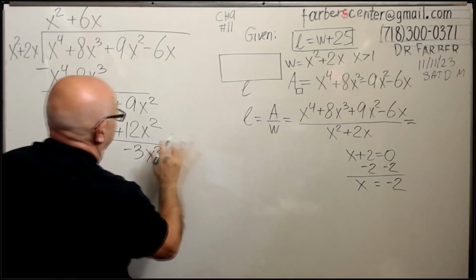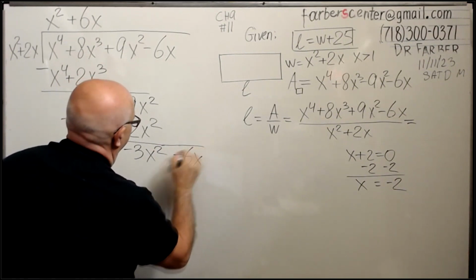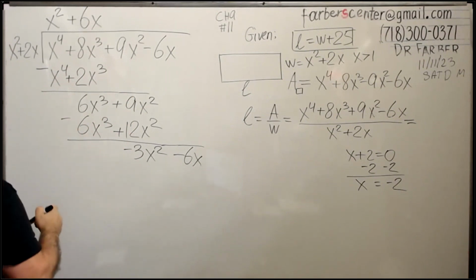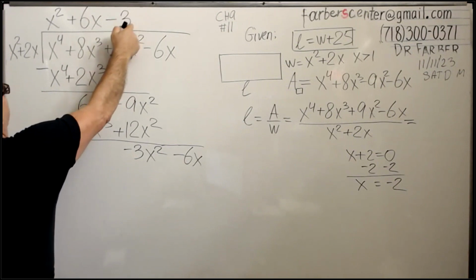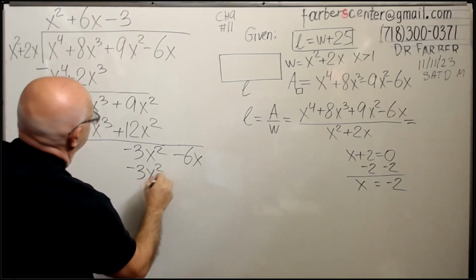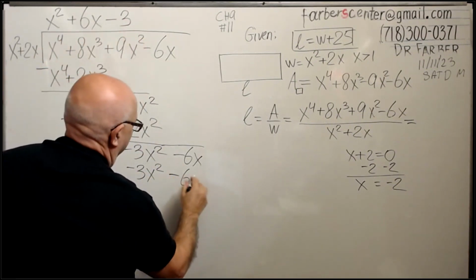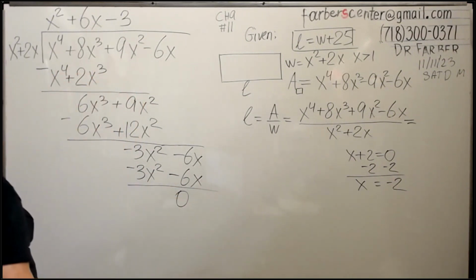And bring down the next term. What number is supposed to multiply this to get negative 3x squared? Definitely negative 3. Negative 3 times x squared is negative 3x squared. Negative 3 times 2x is negative 6x. 0. No remainder.